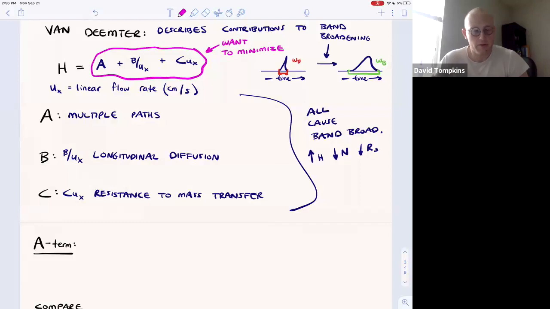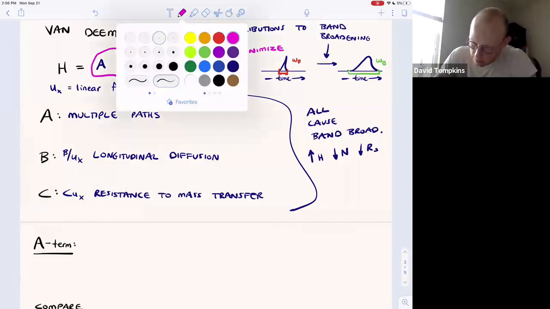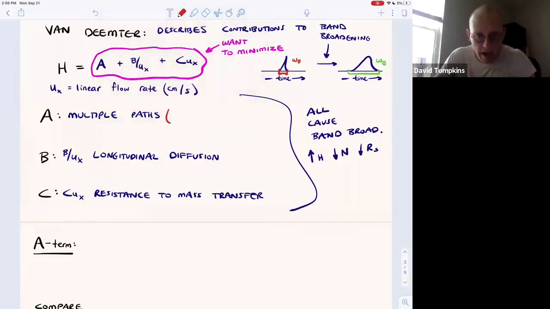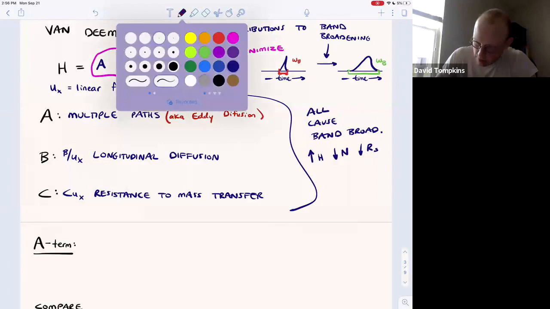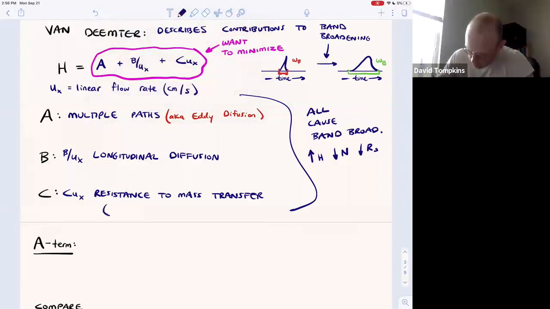There's always a Van Deemter equation for any associated separation technique. You should know just a couple synonyms. Multiple paths is also known as eddy diffusion. And the C term, the resistance to mass transfer, is also known as the finite equilibration term.